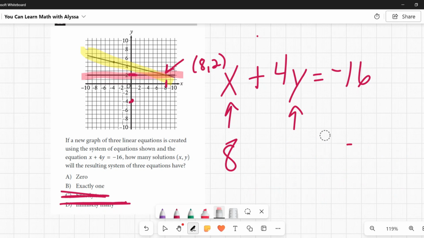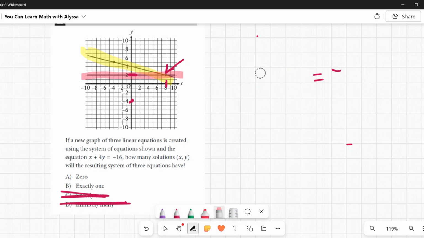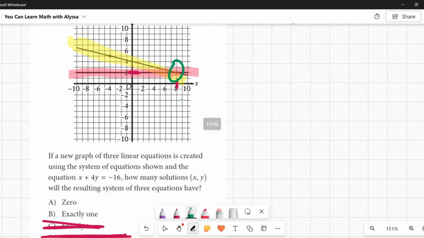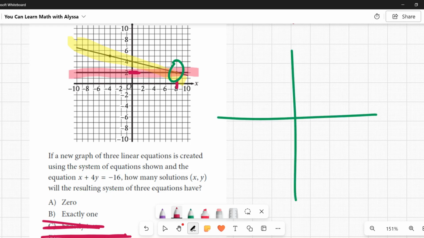If you are graphing this, don't worry about graphing the 2 lines that I have highlighted here, the 2 original lines in the system of equations, because all you really need to know, again, is that one point. So don't worry about trying to figure out what the equations of these lines are and graph them, because that's going to take you way too long. All you need to do is put that equation into your graphing calculator, and as we showed you, it's going to give you something that looks kind of like that for the line.